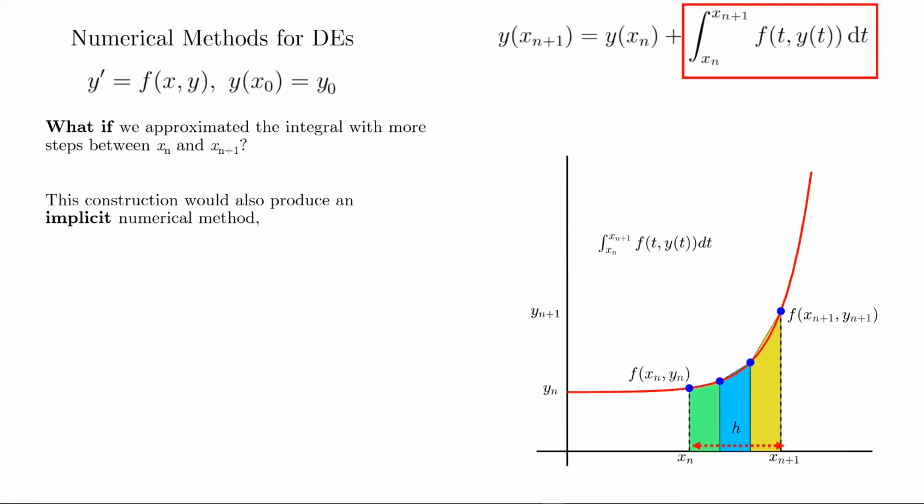But if we had all these points, we'd have to know the values at xn plus a third h, xn plus 2/3 h, and of course xn plus 1, or 1h. So this construction would produce an implicit numerical method.